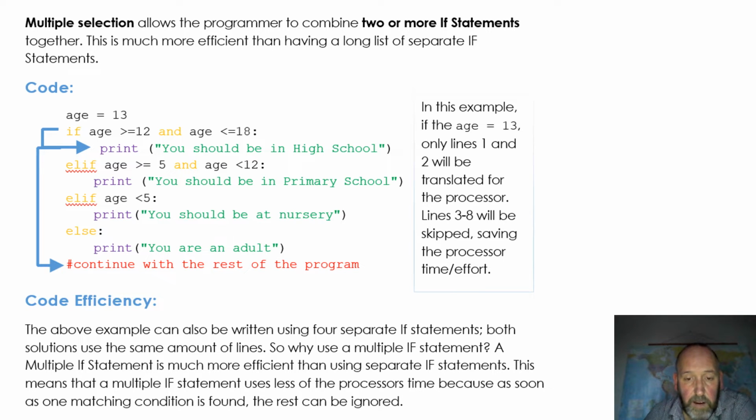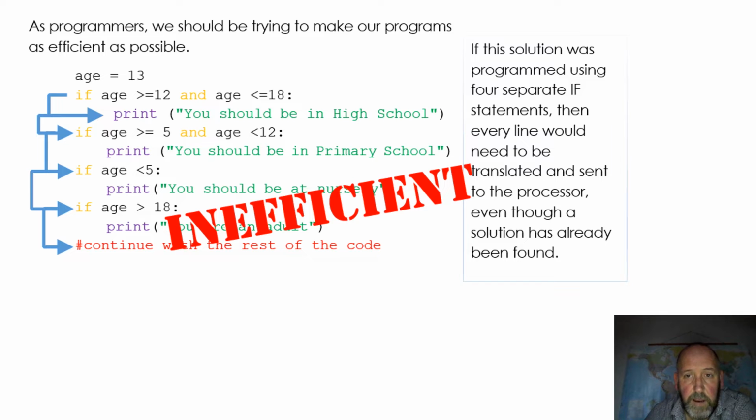For example, it could be written with 4 if statements, but if we use 4 if statements, then each of the if statements will get tested by the processor, even if the answer to the first one is correct. If the first if statement gets an answer that's true, it will still go through the rest of them.